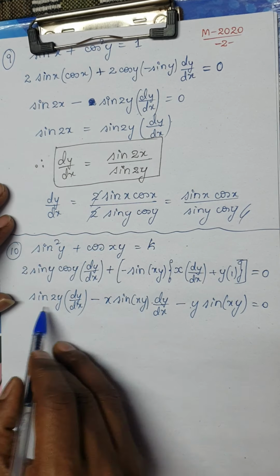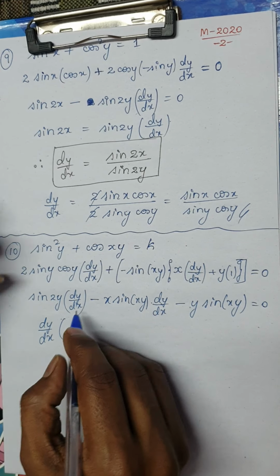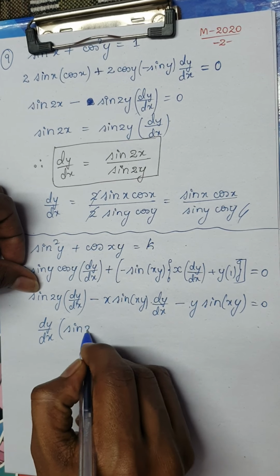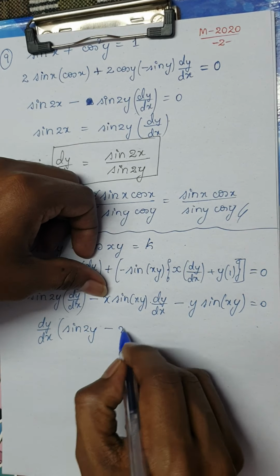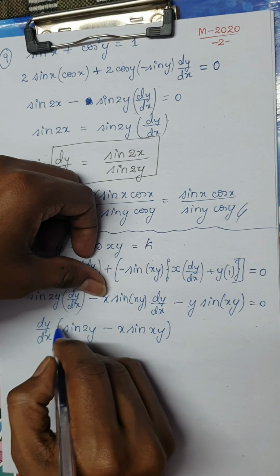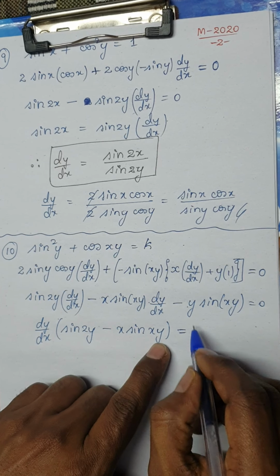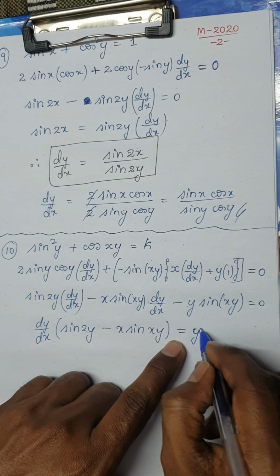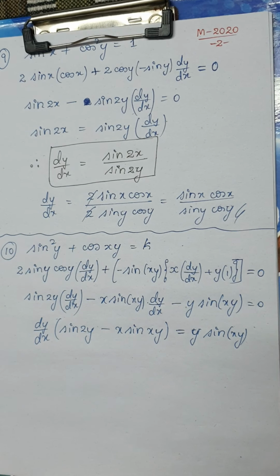Okay, so in these two terms I have dy by dx common. So what is left over? I have sine 2y minus x into sine of xy. This is my LHS. Now take this term to the right hand side, which is independent of dy by dx. It will be y into sine of xy.